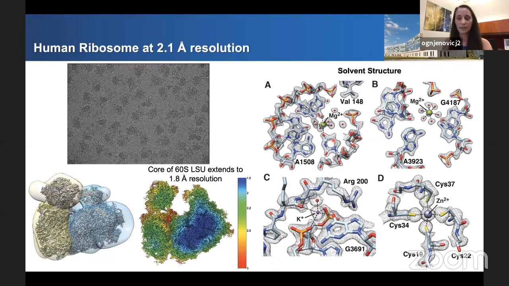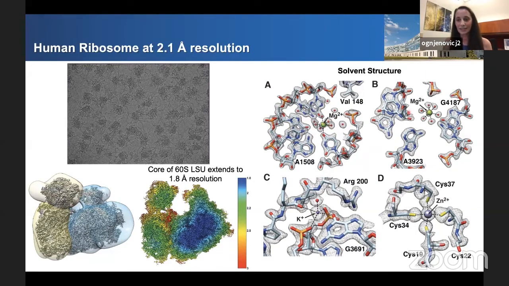And here on the right, you can see that we are actually starting to see really nicely ordered solvent structure. Nicely resolved density allows more accurate placement of waters and metal ions. Also, one could start inferring metal ion identities based on interatomic distances and coordination geometry. And here's an example of a hexa-coordinated magnesium ion, where ligands are arranged in a recognizable octahedron.